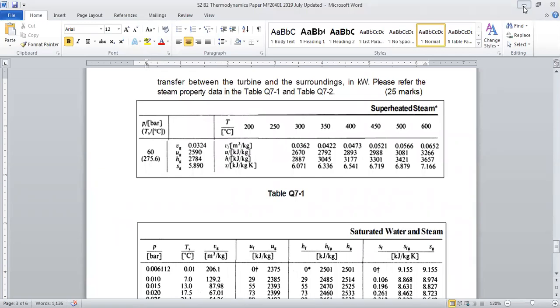We have done those in a very good way. So look into your notes. No separate revision for gas power cycles. Okay, so that's it about this.